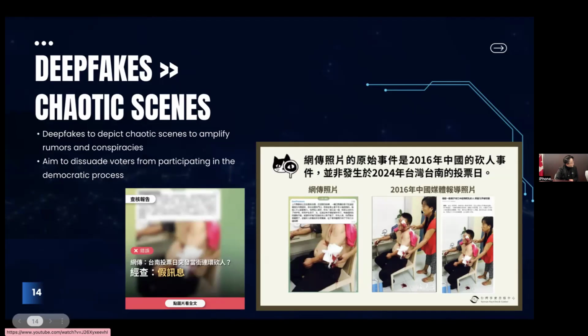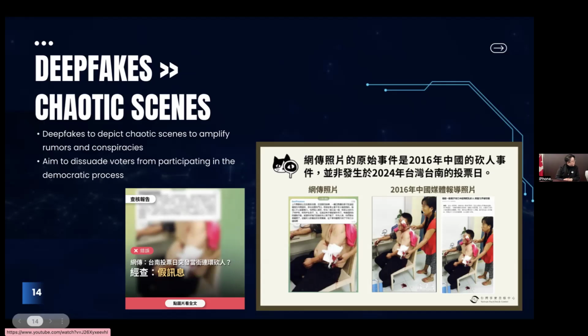This photo is actually fact-checked disinformation during the presidential and legislative elections in Taiwan last year. They basically say that in the southern part of Taiwan, on the day of elections, there were multiple stabbing cases in the polling station, and they used this photo to depict the incidents to support their accusations.